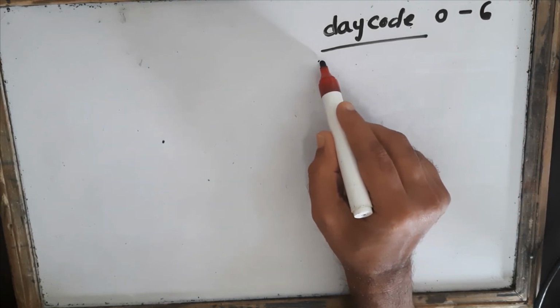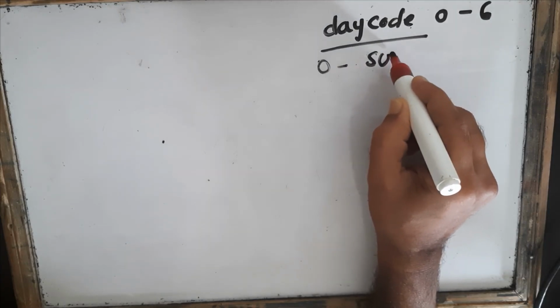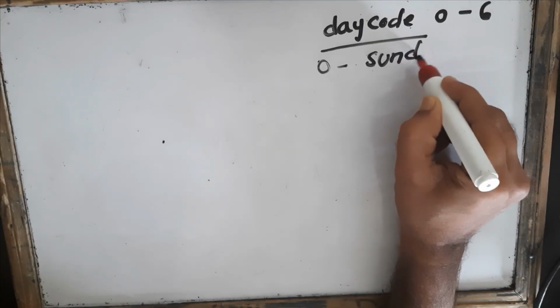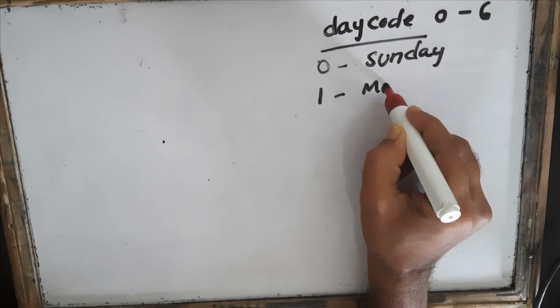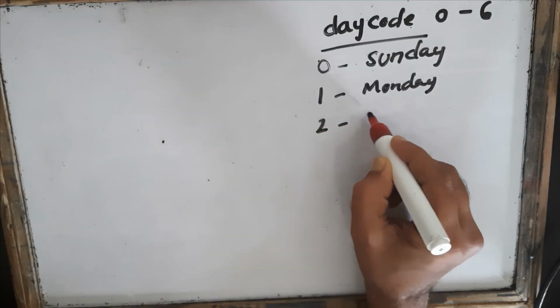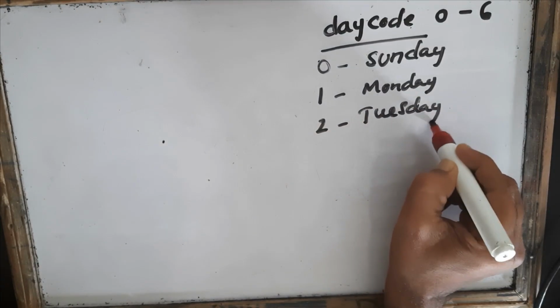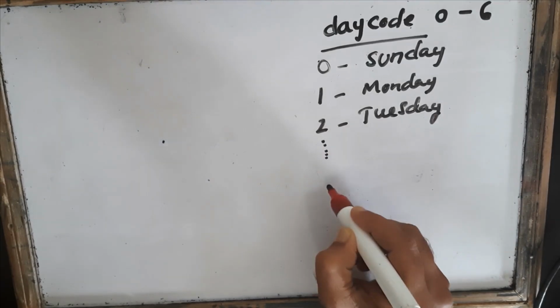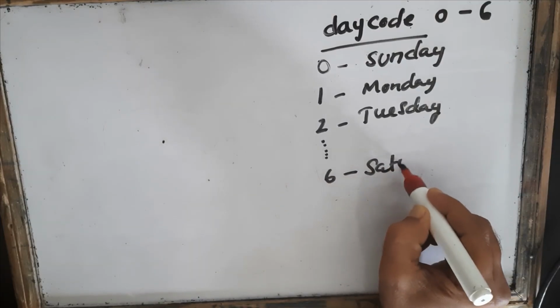That means 0 will be Sunday, 1 will be Monday, 2 will be Tuesday. Like this it will go on, and for 6 this will be Saturday.